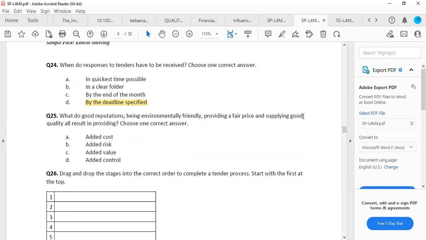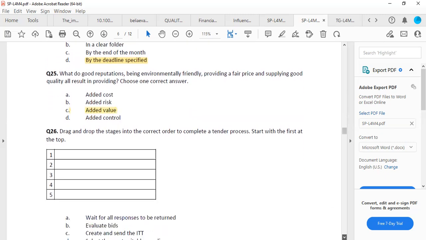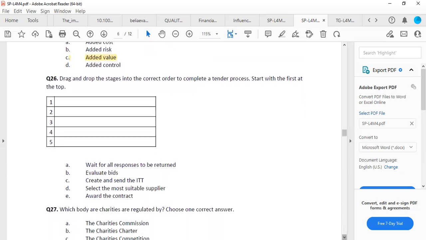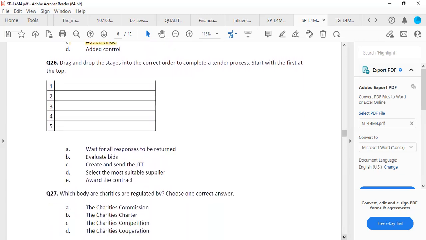What do good reputations, being environmentally friendly, providing a fair price, and supplying good quality all result in providing? Choose one correct answer. Added value.